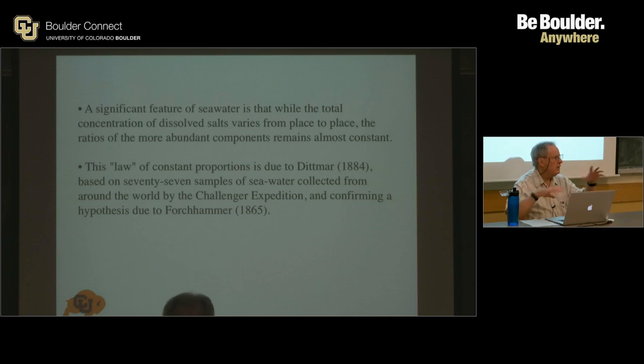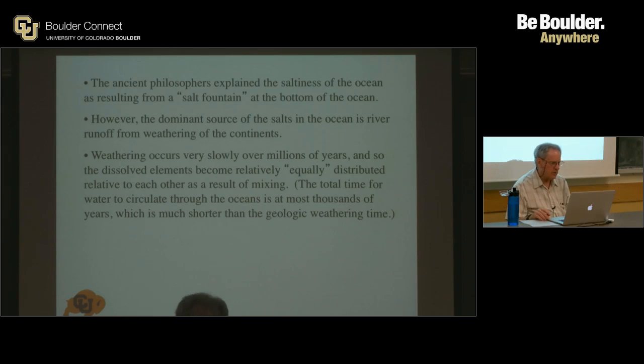So he said that these ratios are the same everywhere in the world. Well, he turned out to be completely wrong, but that's what he did. I told you the old philosophers said there was a salt fountain at the bottom of the ocean. Well, there isn't. Not there.